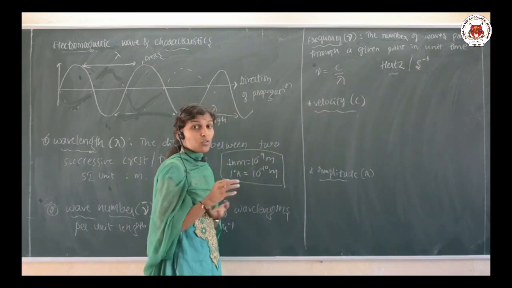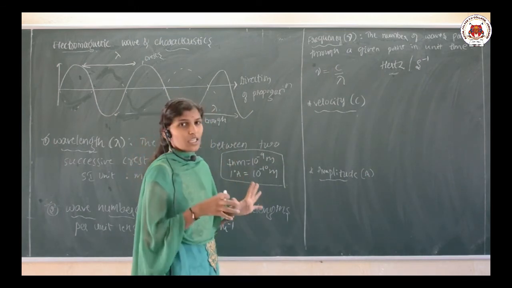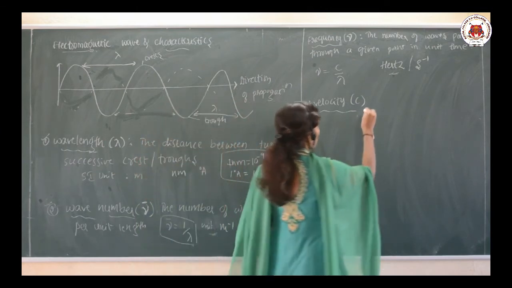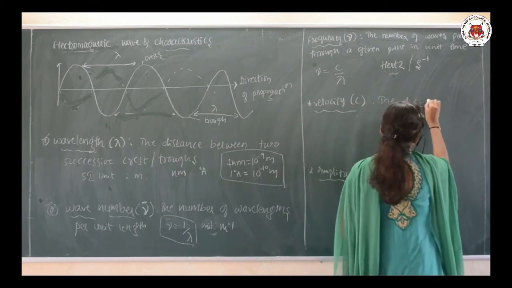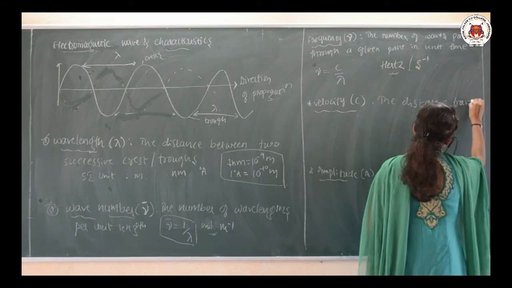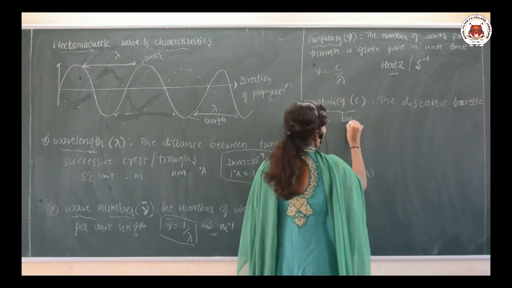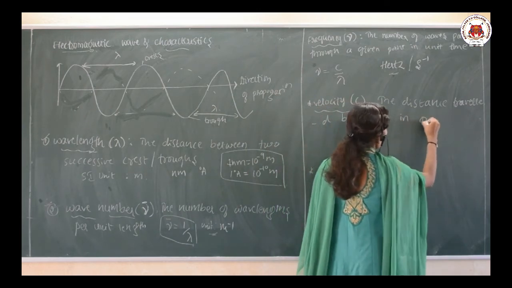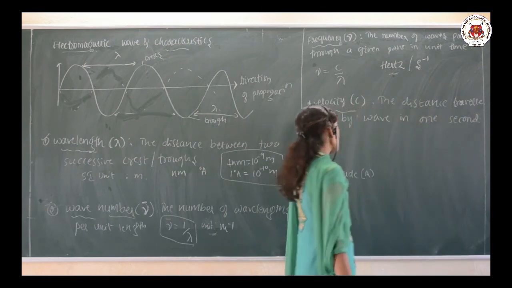So, what is frequency? The number of waves passing through a given point in unit time. Next, velocity. Velocity is nothing but the distance travelled by a wave in 1 second. So, what is the formula?